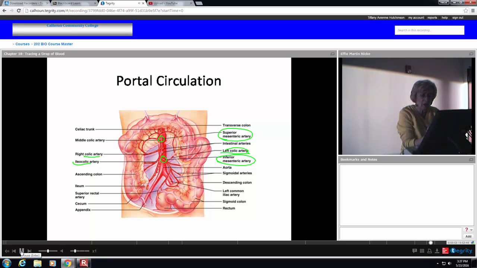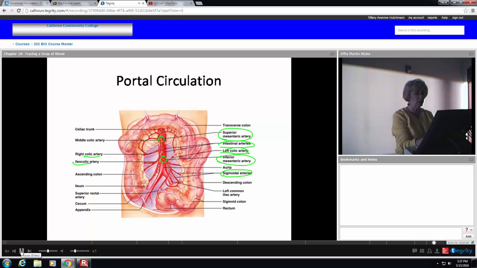Left colic, intestinal arteries. You know, don't worry about those. Sigmoid is another word that refers to the curve in the colon. So all of these are getting their names, excuse me, from just various parts of the digestive tract and the intestines. So all of these are involved in the portal circulation.